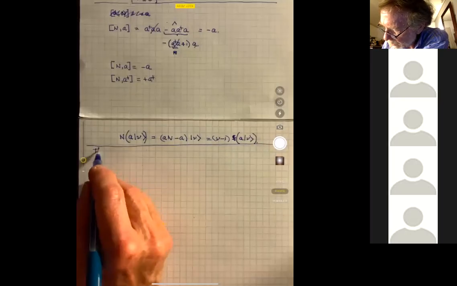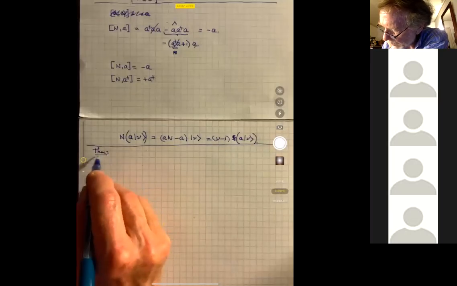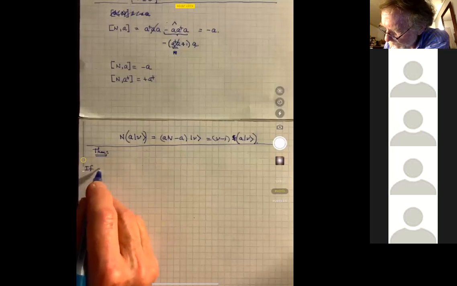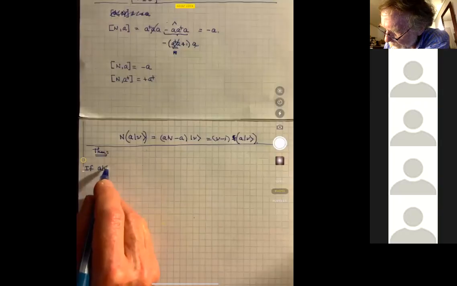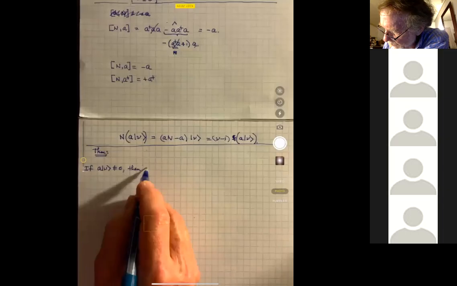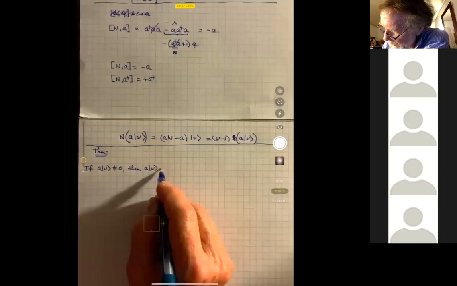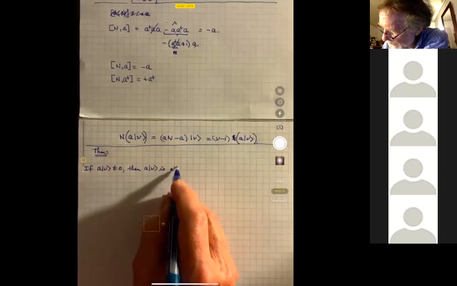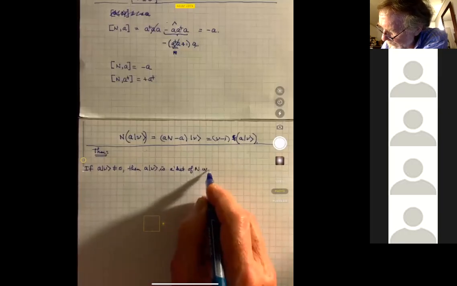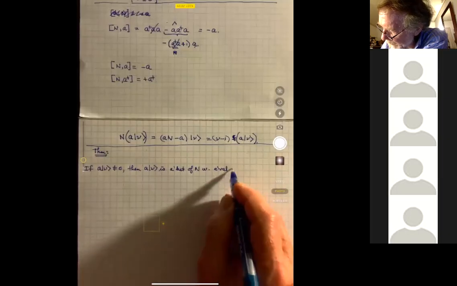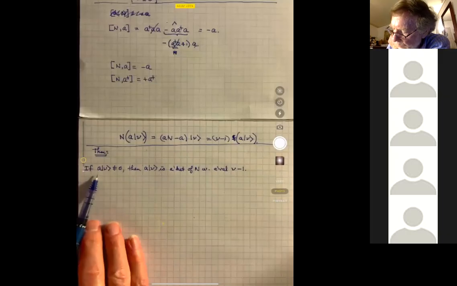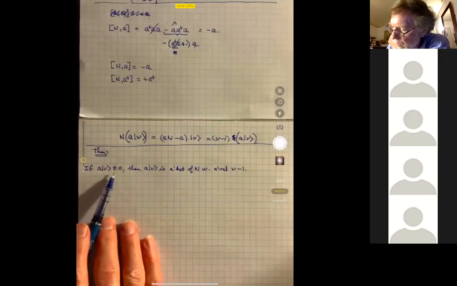This leads to a theorem, which is worthwhile stating precisely so you follow the logic. We say it this way: if the vector A nu is non-zero, then the vector A nu is an eigenket of operator N with eigenvalue nu minus 1. I have to put in the qualification if A nu is not equal to 0.